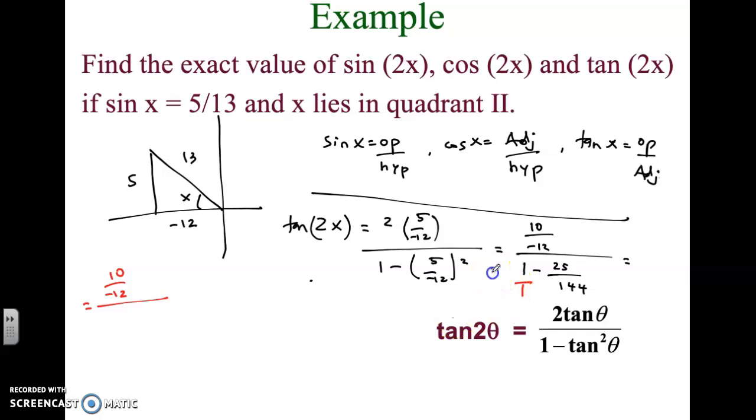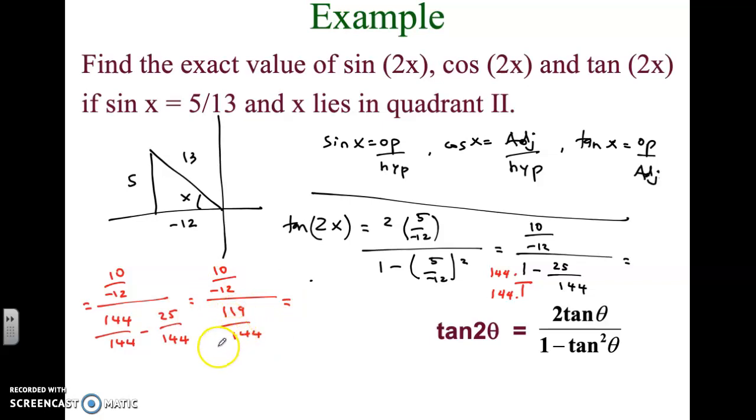That means I multiply 144 on the top and 144 on the bottom, meaning 1 unit is 144 over 144. So 144 over 144 minus 25 over 144, and 144 minus 25 gives me 119 over 144.